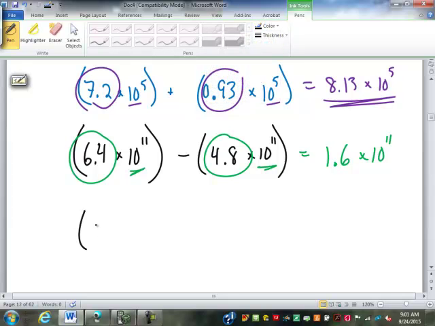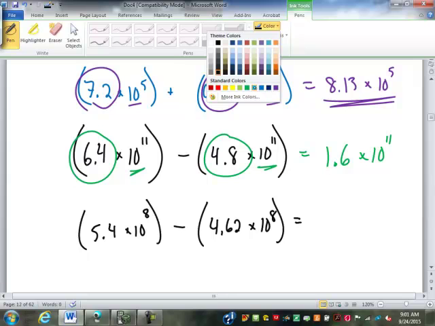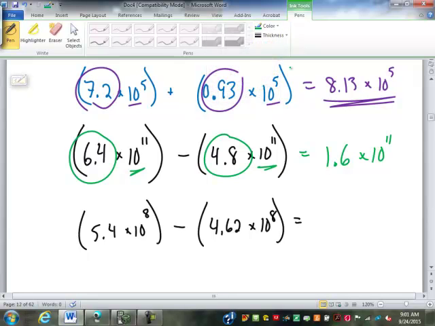So 5.4 times 10 to the 8th minus 4.62 times 10 to the 8th equals, well, we do have the same power of 10, so we can subtract. 5.4 minus 4.62 is 0.78 times 10 to the 8th.